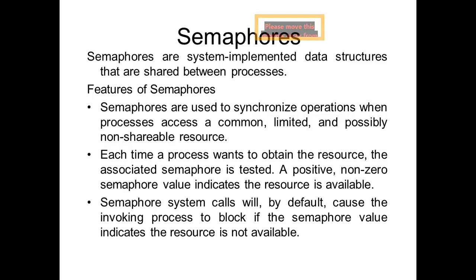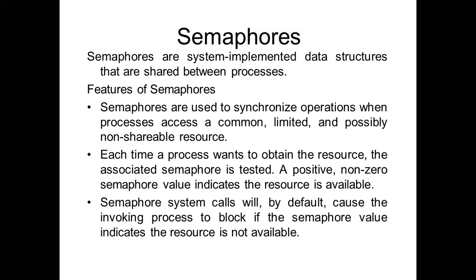So if the integer value is positive, non-zero, it means the semaphore value indicates the resource is available. Because it acts as an integer variable, with the help of that value we can analyze whether resources are available or not. Semaphore system calls will by default cause the invoking process to block. So we can also block the process.